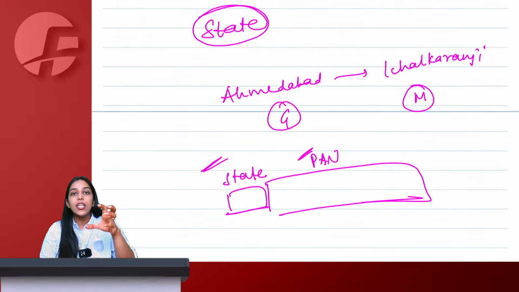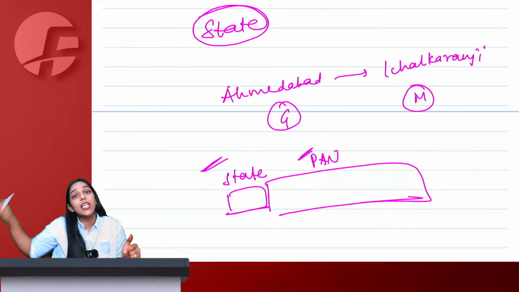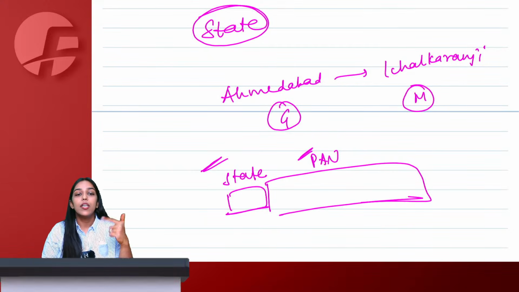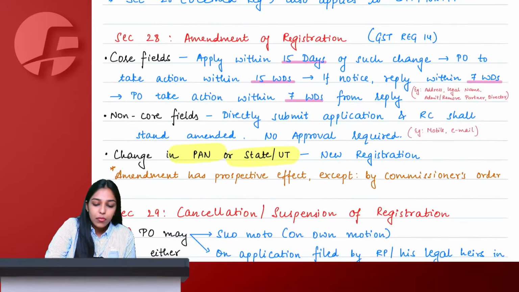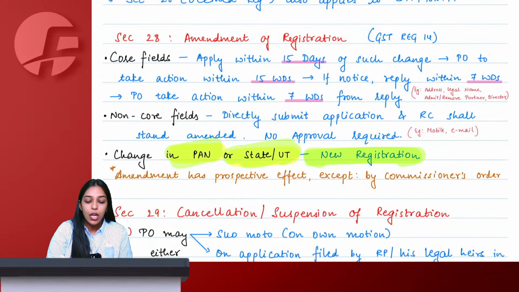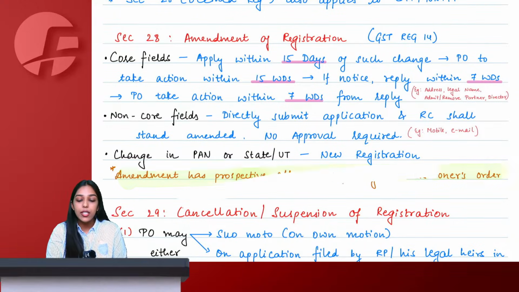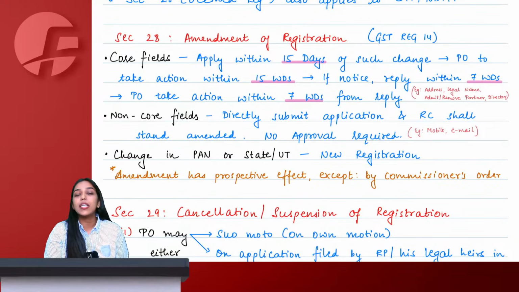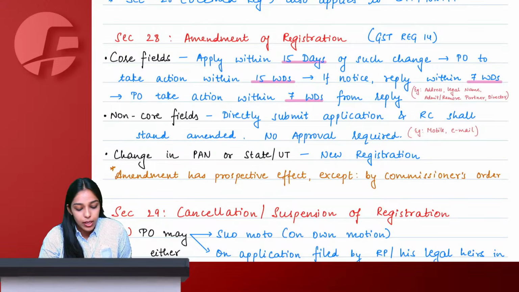So if the address is changing within the same state, it is a core field change. But if the address is changing to another state, then you have to take a new registration and cancel your existing registration. So if there's a change in PAN or state, you have to take a new registration, no way out. And amendment always has a prospective effect, unless the commissioner in some order says to have a retrospective effect. That's a separate thing. Otherwise, an amendment in registration will always have a prospective effect only.